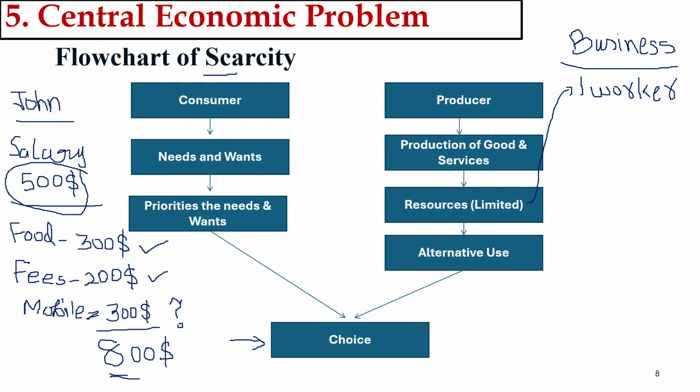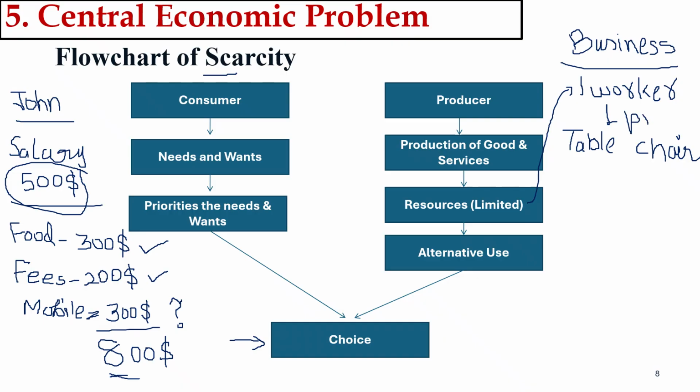Now what worker can do? This worker can make a table. In one day, a worker can make one table or he can make one chair. Now if the company wants to make table, a worker can make only one product in one day.